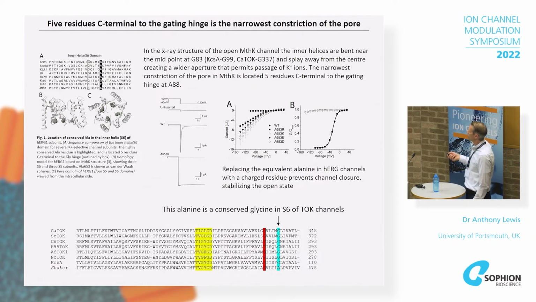And the equivalent residue in hERG channels, which is also an alanine, when you mutate this residue, it forms a constitutively open channel, and that's equivalent to this glycine here at 342 in Candida, but also across all the other TOK channels.